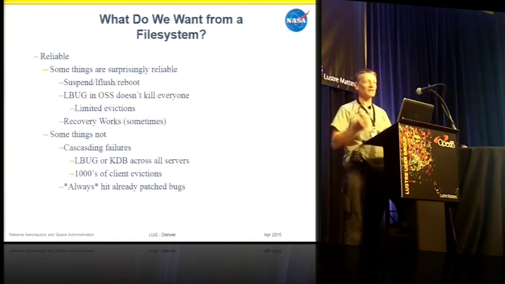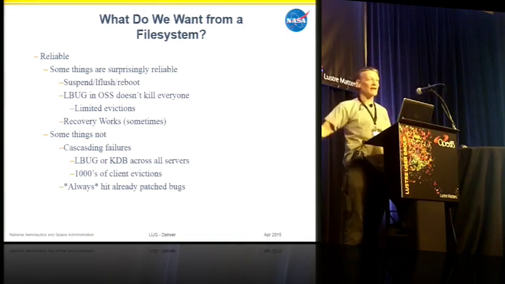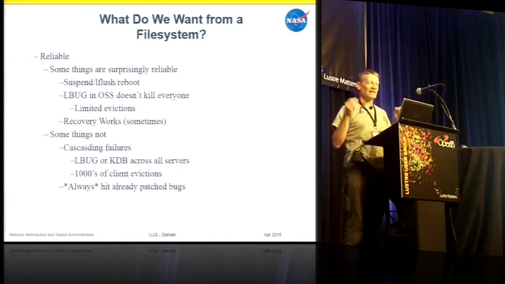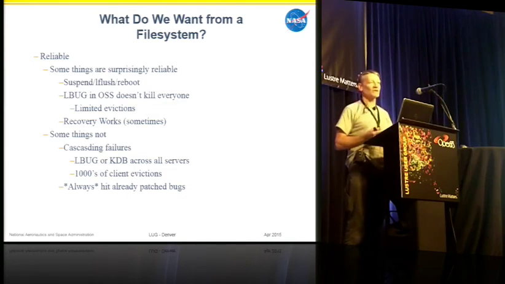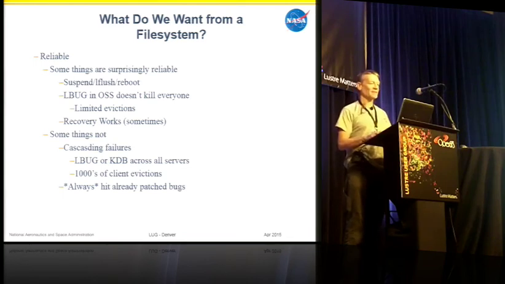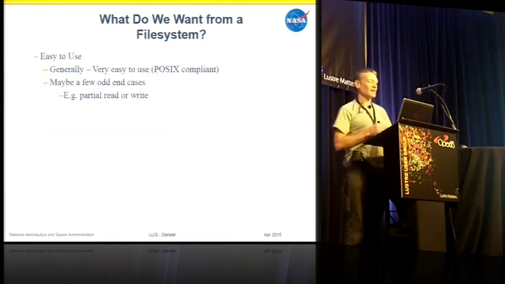We do see cascading failure sometimes, where you hit an LBUG and then everything drops into KDB, and we see thousands of evictions. Typically we always hit bugs that have patches, so we've got some work to do in our build process and how we interact with Intel, who does our support.